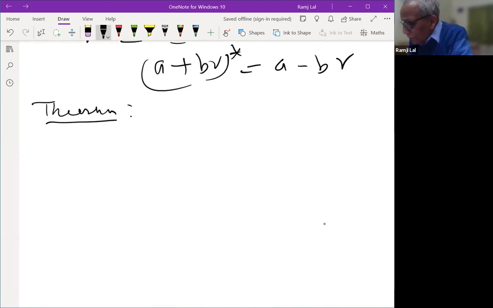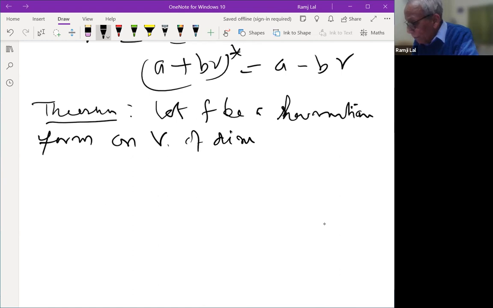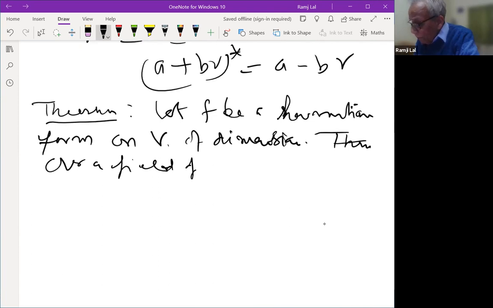So let F be a Hermitian form on a vector space V of dimension n over a field of characteristic different from 2.